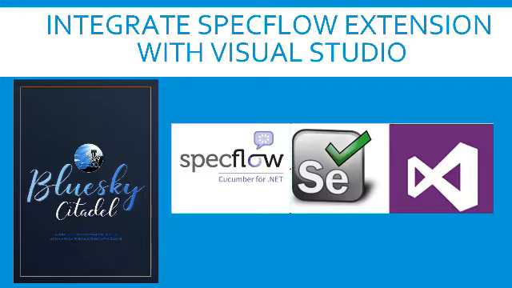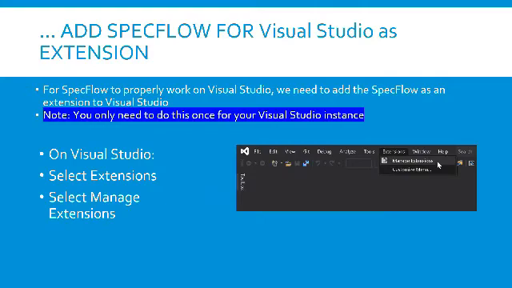There's not much difference between Visual Studio 2022 and Visual Studio 2019. It's similar. Of course, you also need to manage the extension. Even if you already have Visual Studio 2019 and you install 2022, you still need to do this step for every instance of your Visual Studio, because 2022 is a new instance that you've just installed.